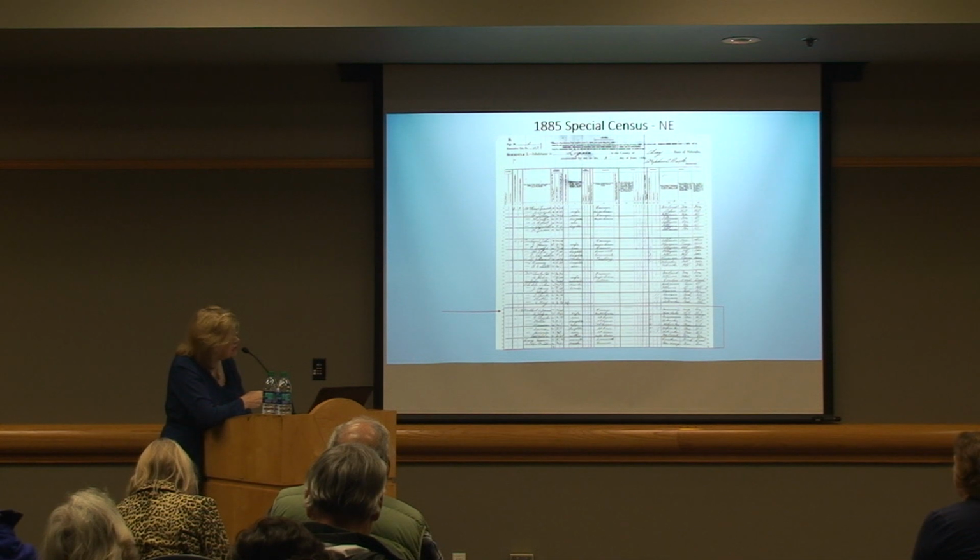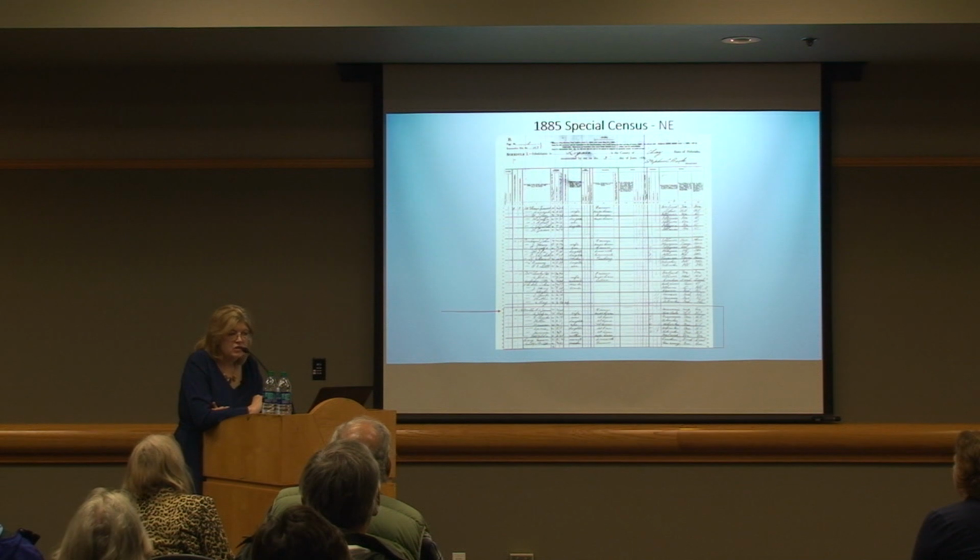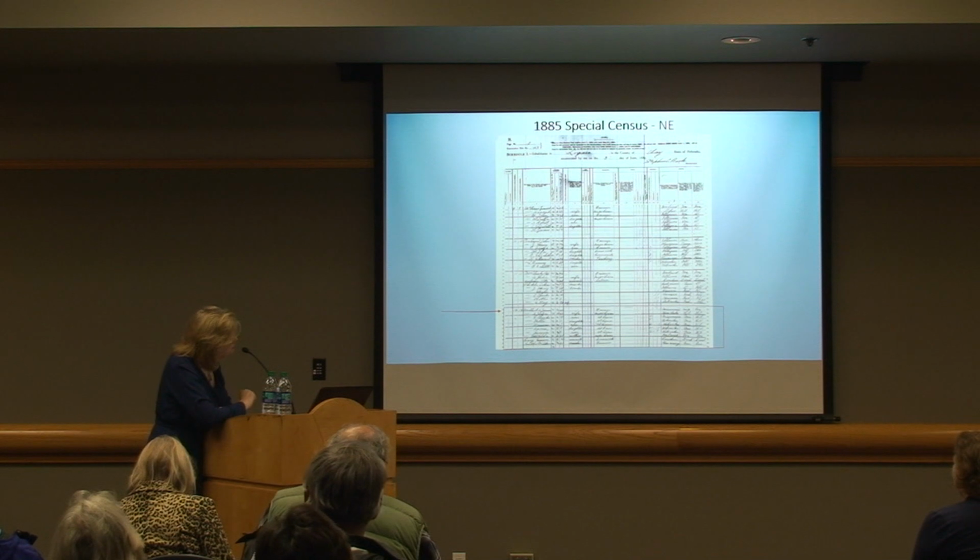This is a special census for Nebraska. Now, the lawmakers in Nebraska were pretty clever. They normally did a state census anyway. So they used this to double as their state census, and they figured, why not let Washington pay for something we were going to do anyway? So that was pretty clever of them.